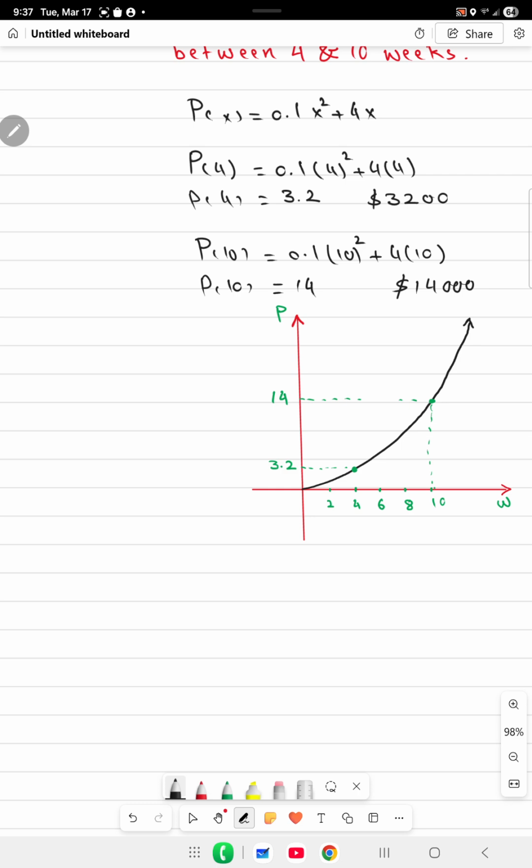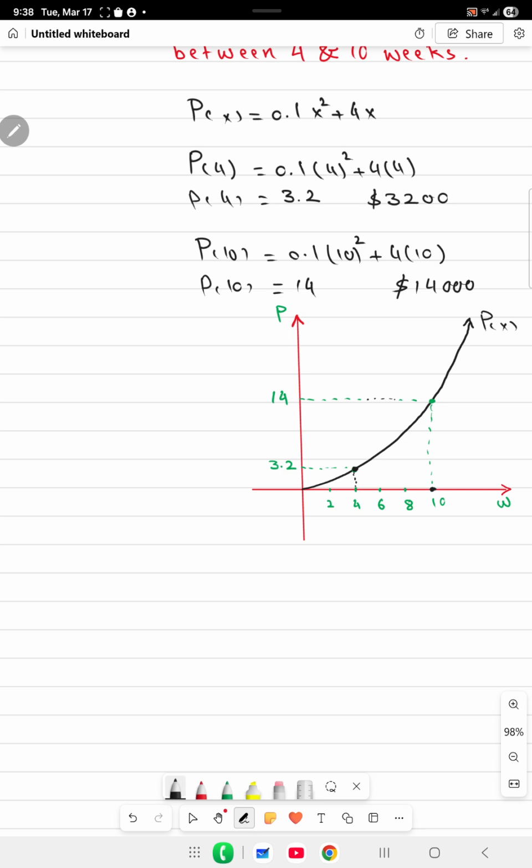As you see in the graph, after 4 weeks, the total profit was 3.2, which is 3,200. And after 10 weeks, the total profit gives me 14, which is 14,000. Correct? This function, the profit function P of x, is actually an increasing function.